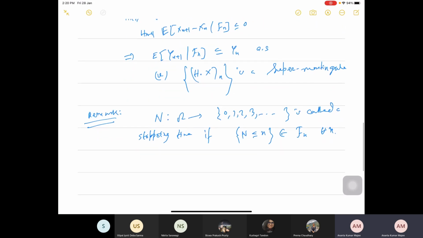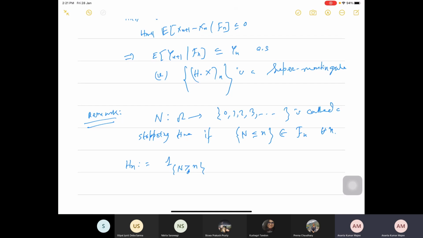Now we consider this h of n, by definition, as the indicator that the stopping time is greater than or equal to n, that is, strictly greater than n minus 1.